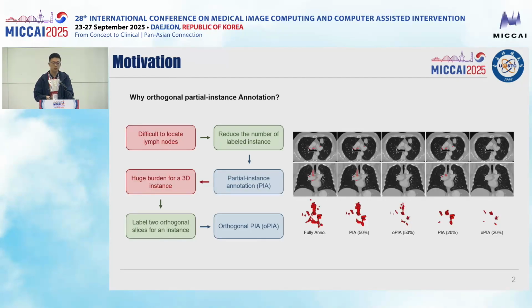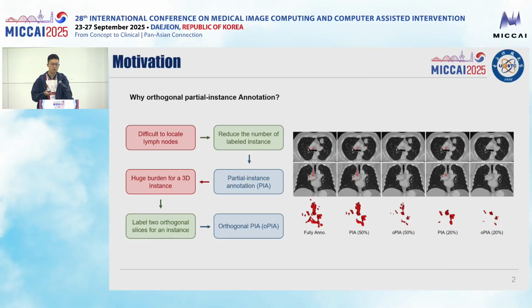So by considering these difficulties, the first design is to reduce the number of labeled instances of the lymph nodes. In previous work, it's called partial instance annotation, but each instance is still a complete 3D object.